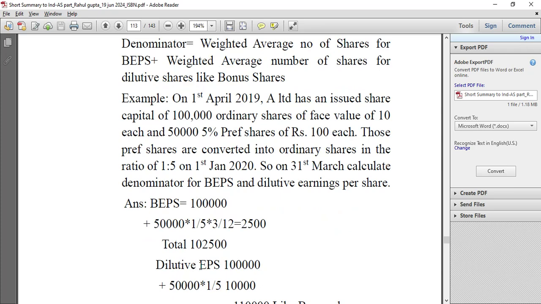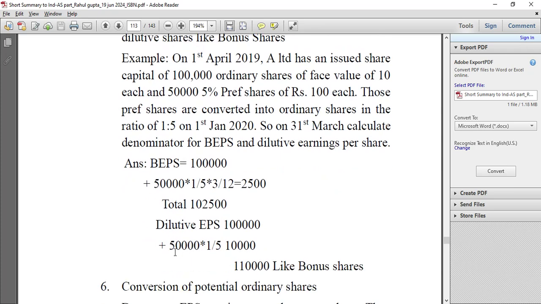Diluted earnings per share: 1 lakh plus 50,000 into 1 divided by 5, that is 10,000, that is 1 lakh 10,000, like bonus shares. So in basic earnings per share we compute the period for which the shares are held. In diluted earnings per share we do not compute the period, we just add the dilutive shares to the original number of shares.